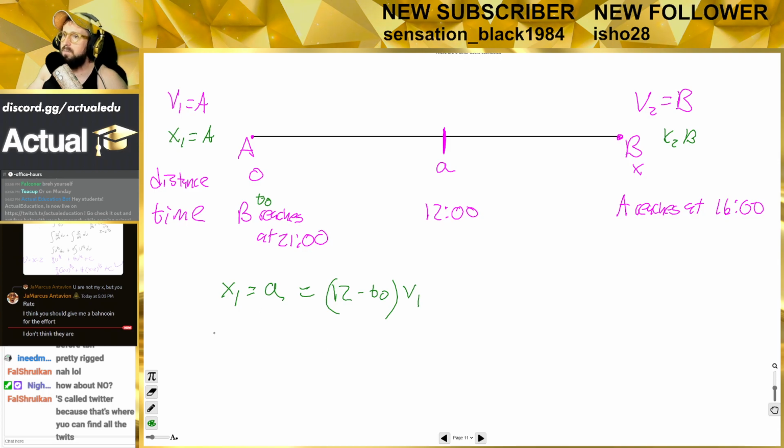And X2 must also equal this position A. And that's going to happen at position X minus 12 minus T0 times V2. So that's his position whenever we're at 12 minus T0. Does that make sense? I think it does. Yeah. Okay.